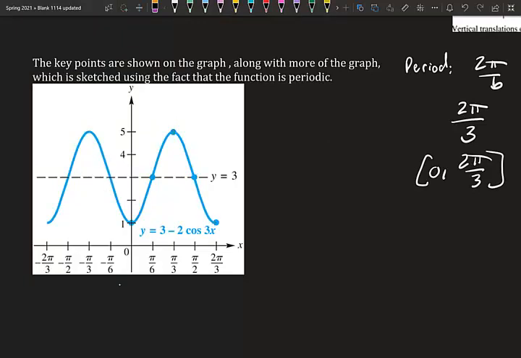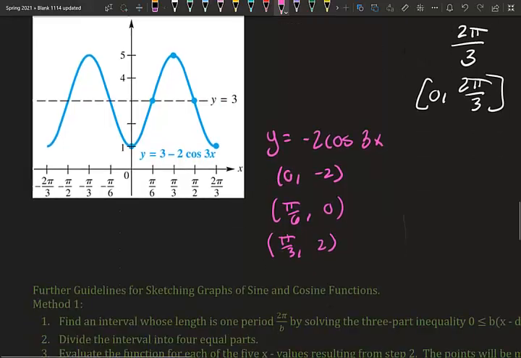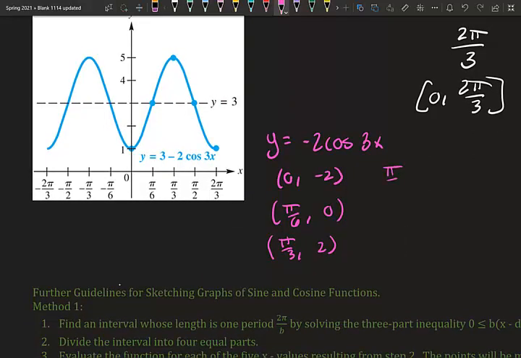If we wanted to use transformations, we would start off with a graph of y equals -2 cosine 3x. Then we would know the points are 0, -2; pi over 6, 0; pi over 3, 2; pi over 2, 0; and 2 pi over 3, -2.